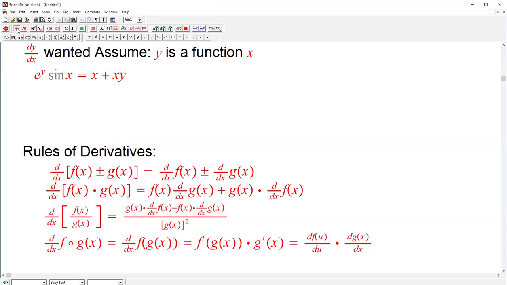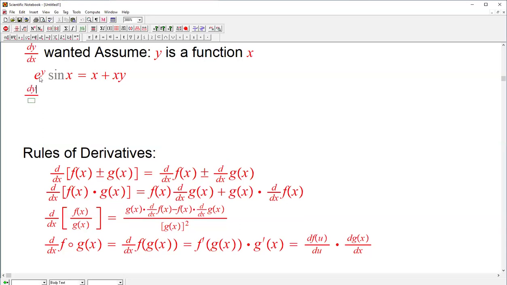We're going to differentiate both sides with respect to the same variable, x. So the left-hand side is taken derivative. It has two terms in product, so we're going to put them in parentheses.